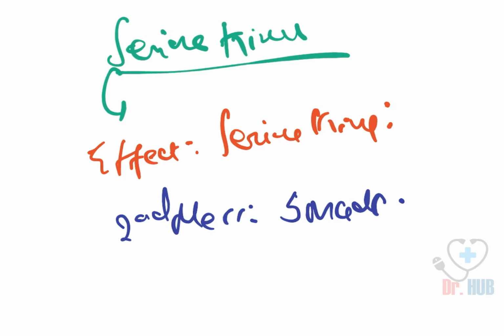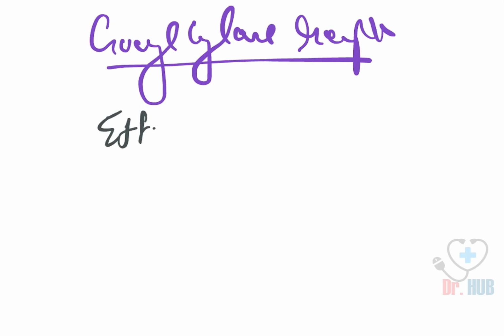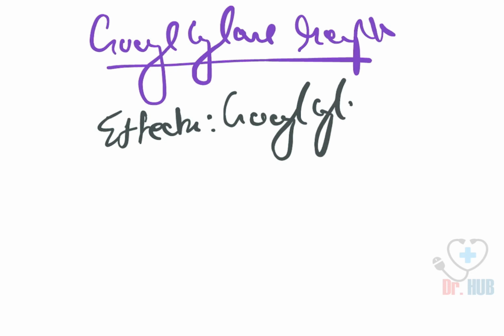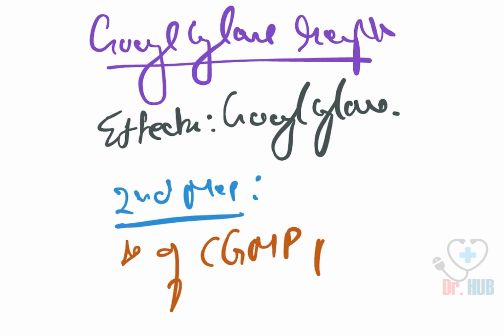So now we look at the answers to the questions. The first question was about the guanyl cyclase receptor. In case of the guanyl cyclase receptor, the effector was the guanyl cyclase, and the second messenger was the stimulation of the cGMP production.